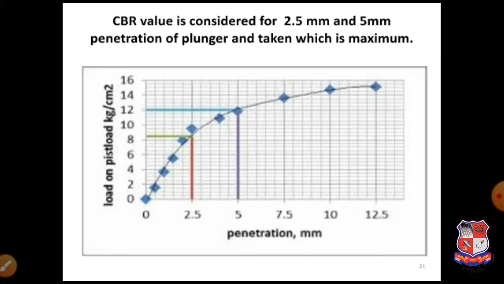CBR value is considered for 2.5 mm and 5 mm penetration of the plunger, and the one which is maximum is taken in the design of pavement thickness. Here, 2.5 mm and 5 mm penetration gives the load in kilogram per centimeter square.